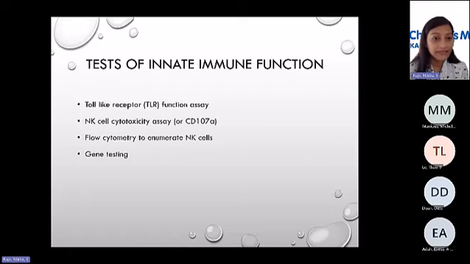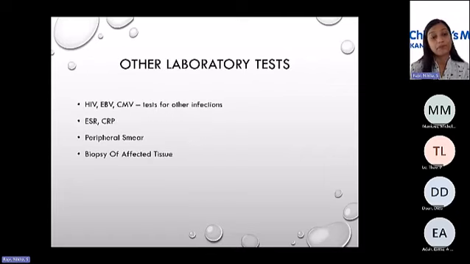And so that's how the testing is done. There is a cytotoxicity assay for NK cells that is less often used at this point, and then more frequently we use a test called CD107A that is a marker for the cytotoxicity. And then flow cytometry can be used for looking at the NK cell number, and again, genetic testing is helpful in some of these patients.